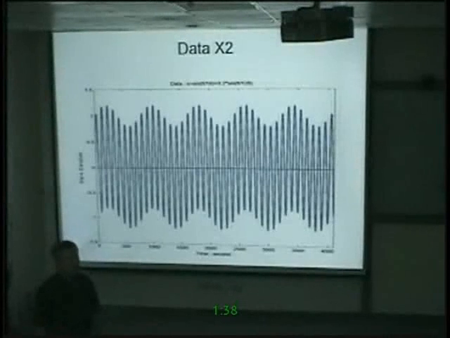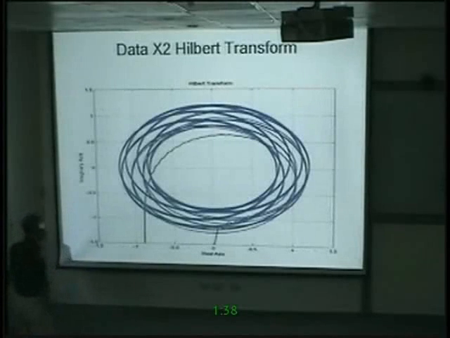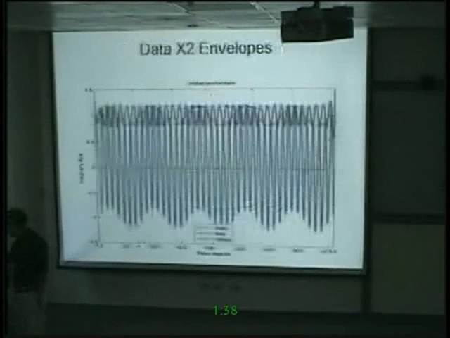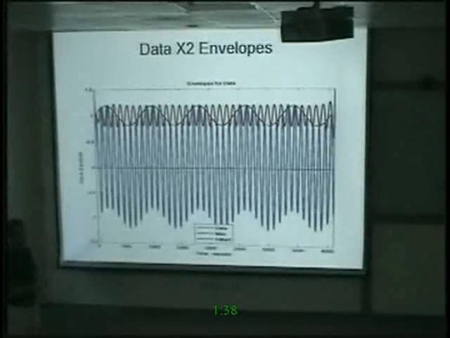If we look at this data and its Hilbert transform, real and imaginary, it does not have little loops, but it's not on one particular track either. If you plot this, you have the same thing. The envelopes go up and down. But if you connect the extrema, in this particular case, it starts to make sense now.